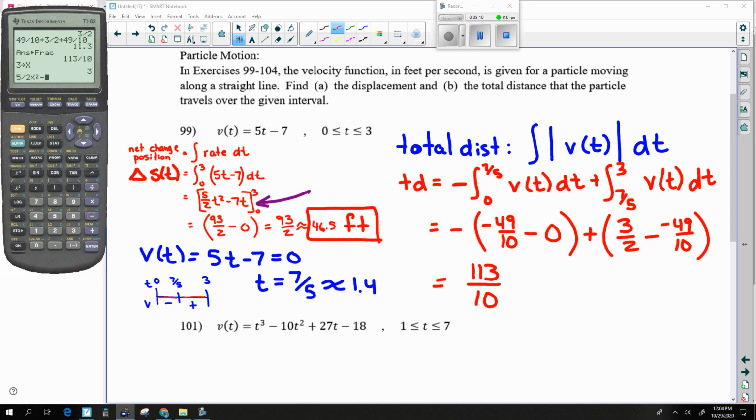Oh yeah, I did. Yeah, this was 3 over 2. I'm sorry, 3 over 2, which is 1.5. Write it in a different color so you can see it a little bit easier. Yeah, I made a mistake up there.